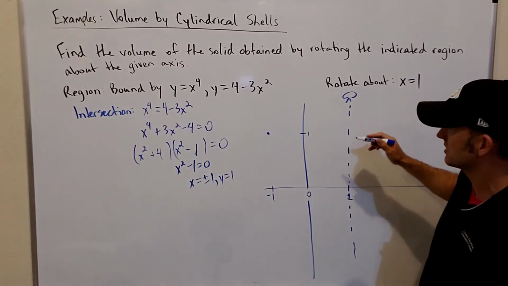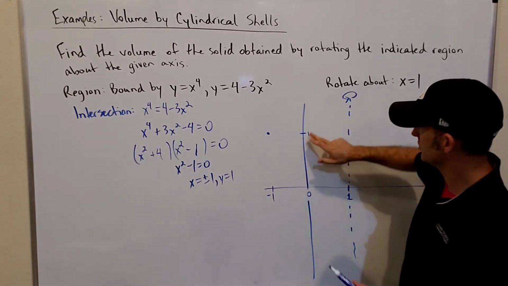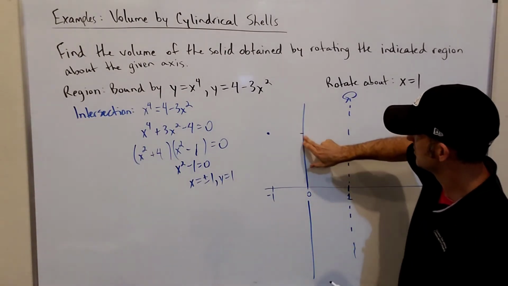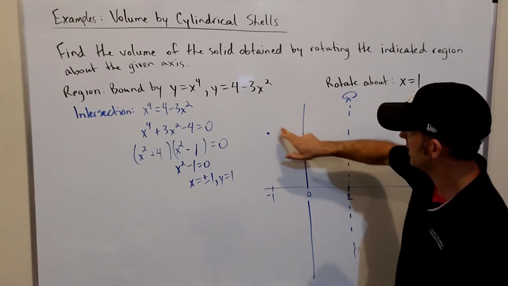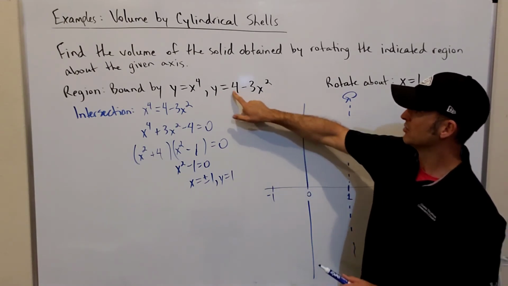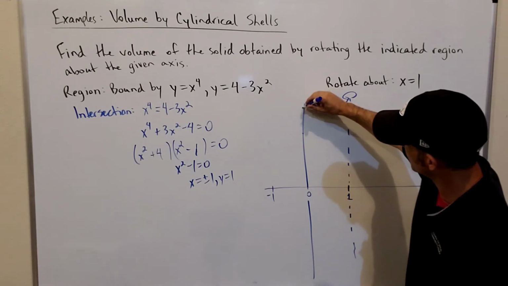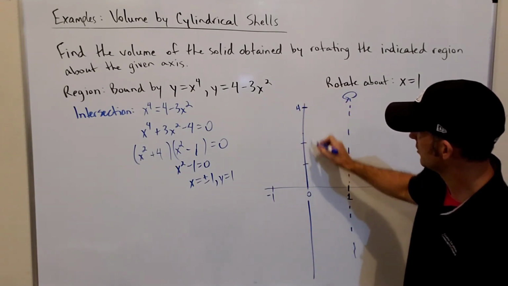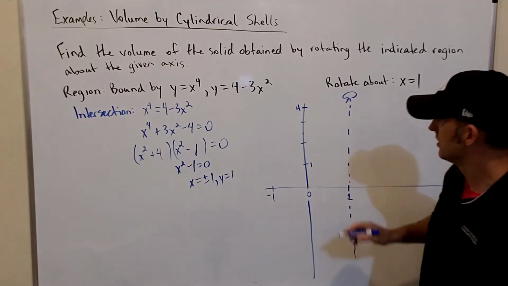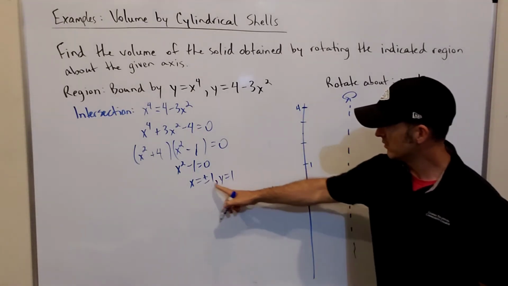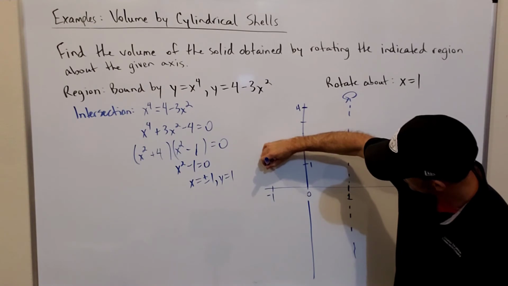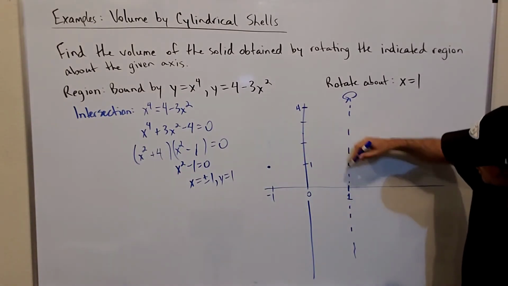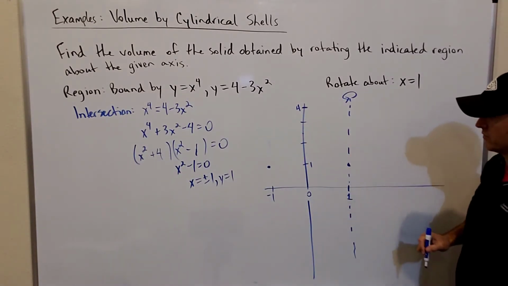Sorry, I was in too big of a hurry there. I forgot this parabola has a y-intercept of 4, so I need to go all the way up to 4. So here's 2, and then there's 1. I know that when x is negative 1, y is positive 1, the two curves intersect, and whenever x is positive 1 and y is positive 1, the two curves intersect.